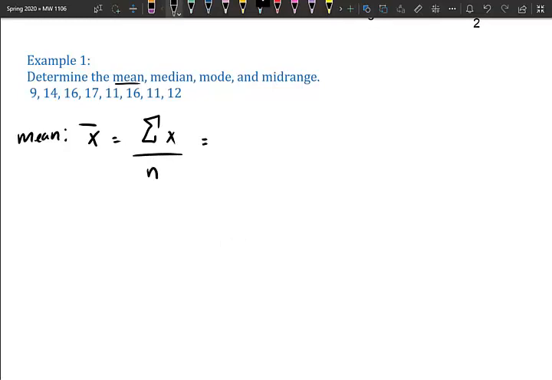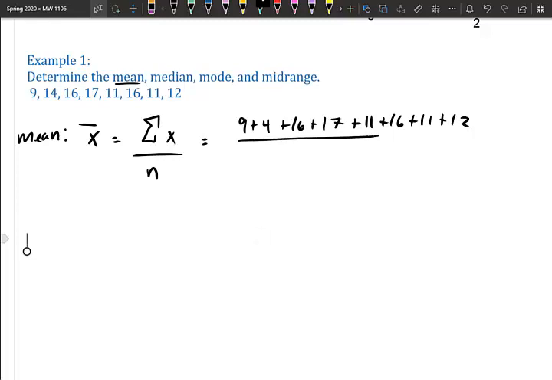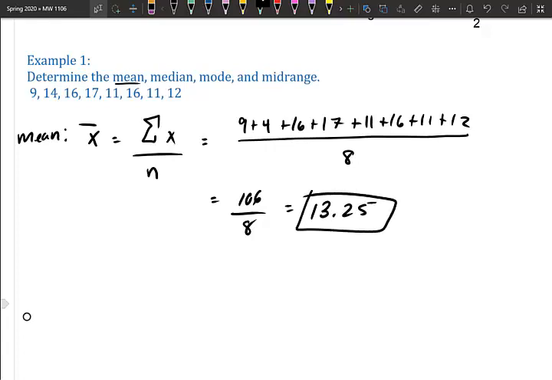So all that means is add up all the numbers. So we add up all the numbers and then divide by how many numbers there are. There are 8 numbers. So we add up all the numbers to get 106 over 8, which is 13.25. So that's the mean.